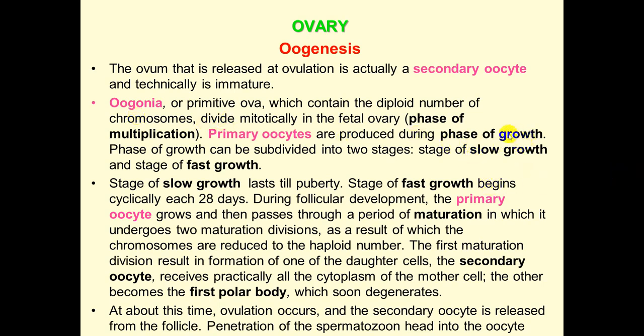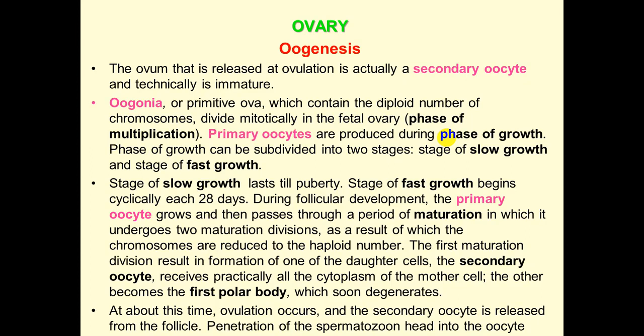And this phase of growth in the ovary of the girl is subdivided into two stages. The first stage is slow growth. This slow growth lasts till puberty. It covers over 13 years.